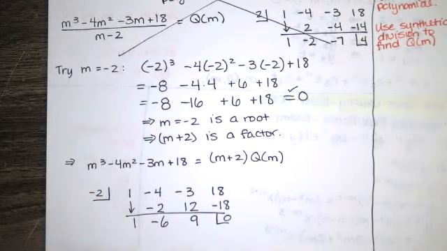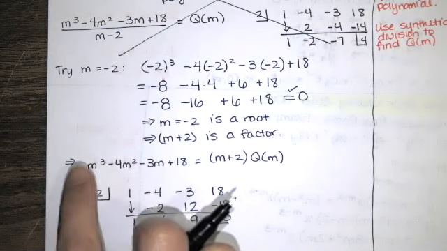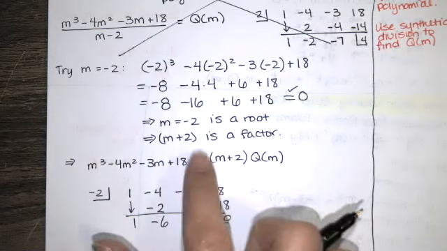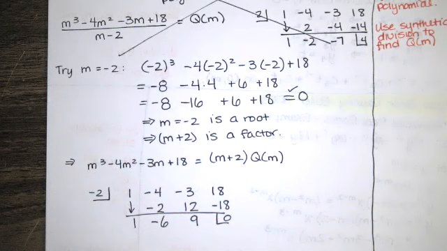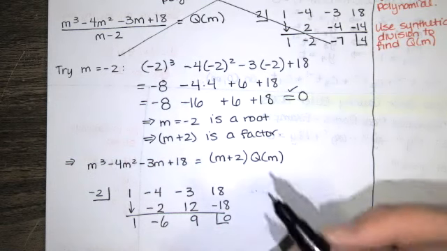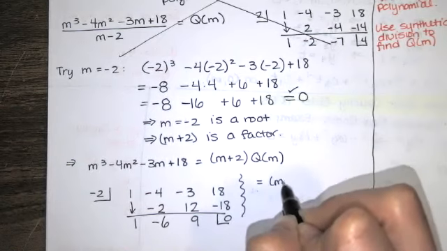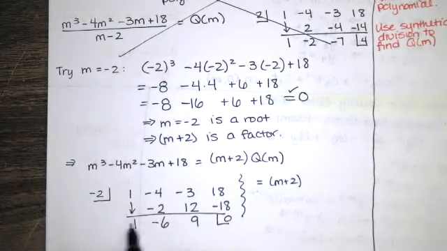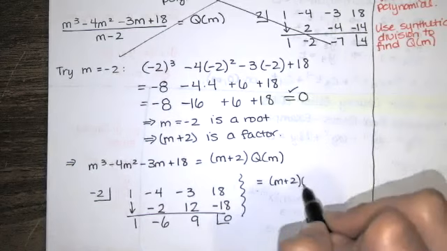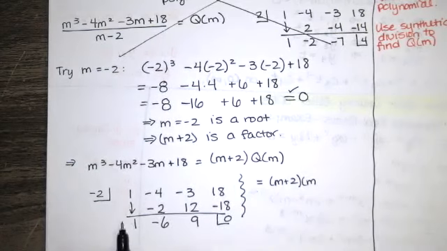So this shows that m equals negative 2 is truly a root, and the quotient is a second degree polynomial, because you take a cubic polynomial and you're dividing out a linear polynomial, so the power goes down by 1. It's going to be a quadratic polynomial with these coefficients.